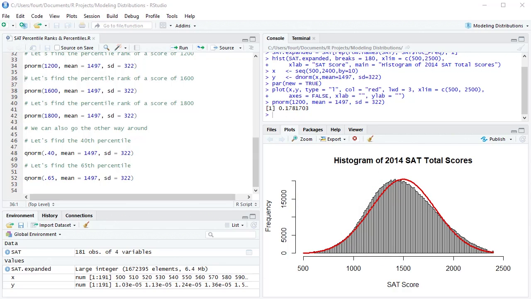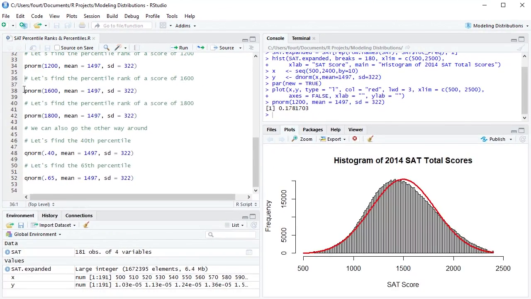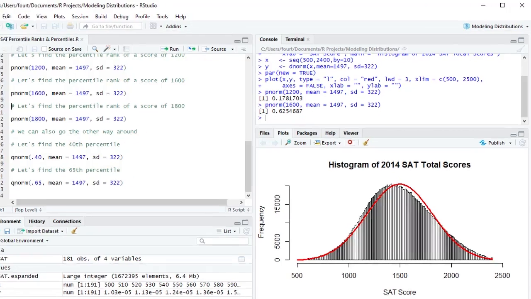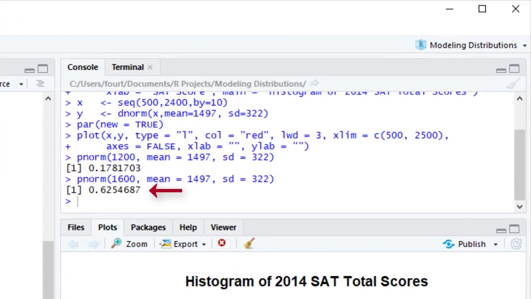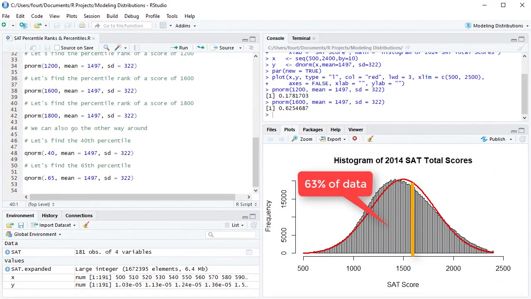Let's now find a percentile rank for a score of 1600. Again, I use pnorm, this time with a score of 1600 and the mean and standard deviation of the normal distribution. The result is about 0.63. The percentile rank of a score of 1600 is 63.